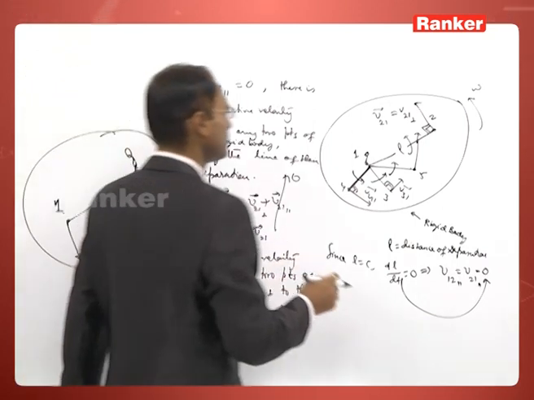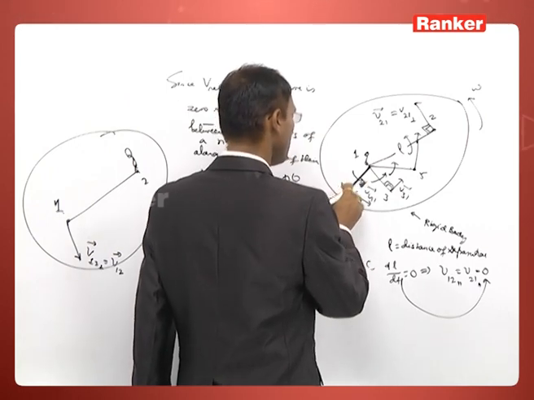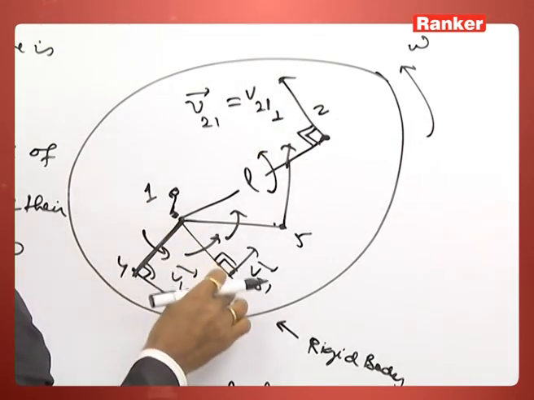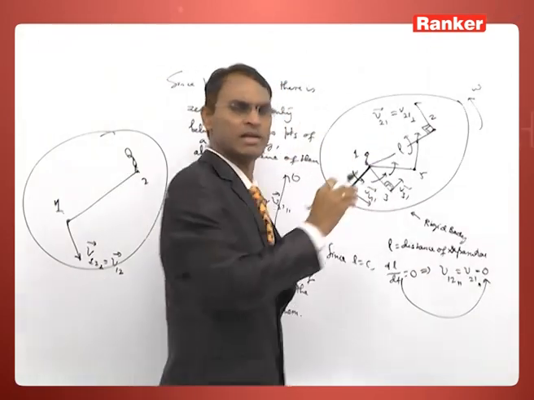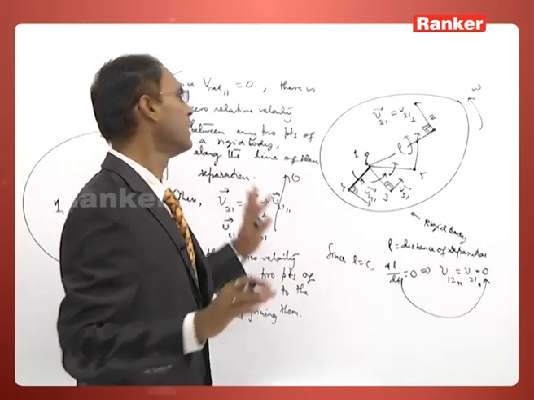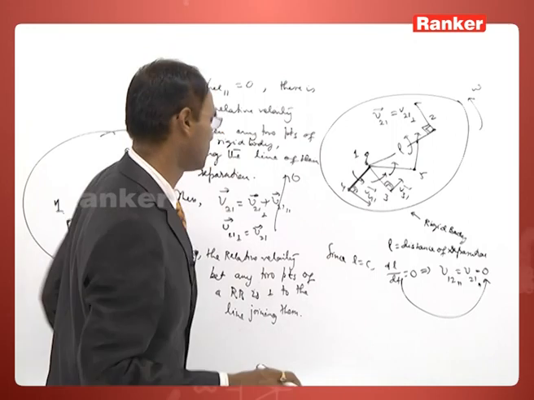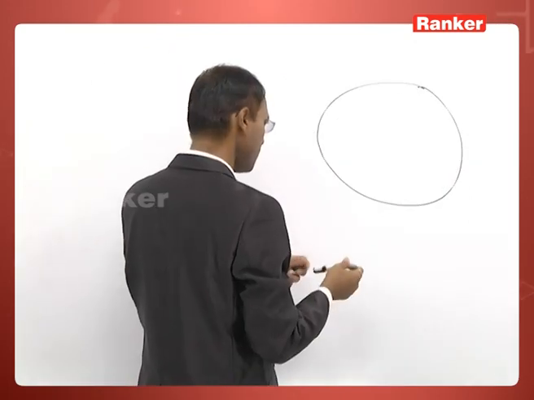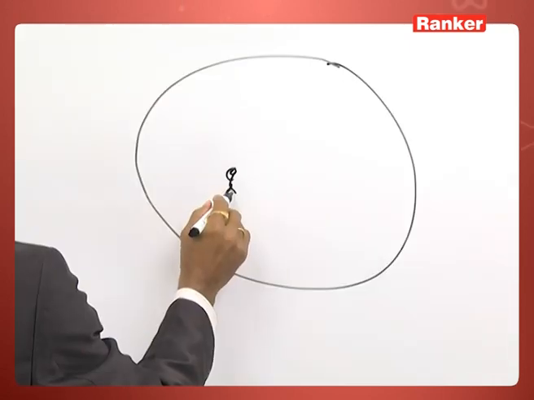And I will prove that the relative velocities between 1 and 4, 1 and 3, 1 and 5, 1 and 2, all the relative velocities are exactly equal in magnitude, sense and direction, because they are turning in the same sense. Let us take the rigid body. You stand here.